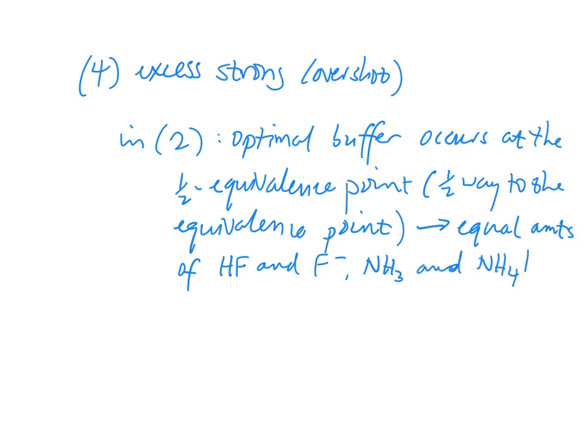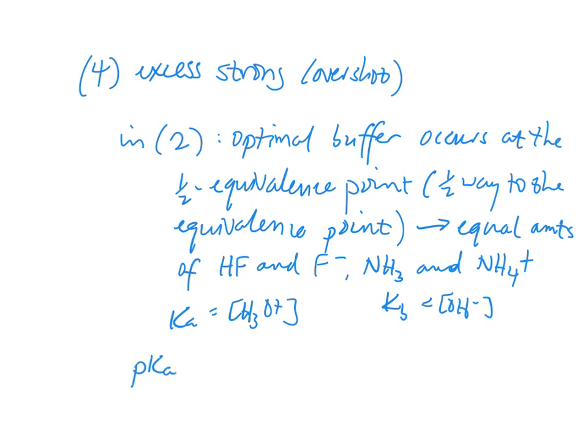And when you have equal amounts of those, if you think back to the Ka or Kb expression, they will divide out. And when they divide out, that means that Ka equals H3O plus, or Kb equals OH minus. That's a pretty interesting point, and there's a way to figure out some things rather easily that way. And we'll talk about that a little bit. Again, the AP uses this concept, or used to use, of course.